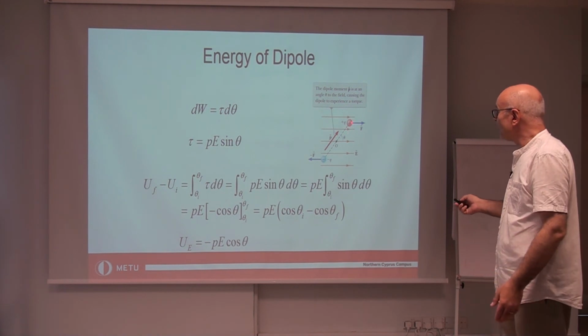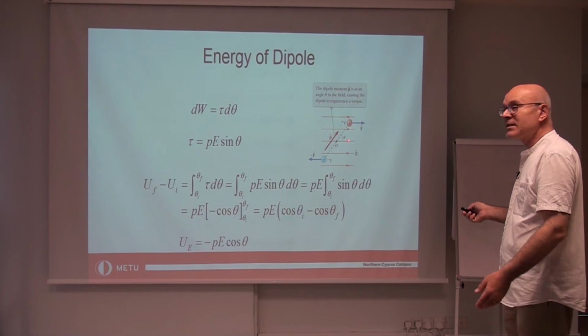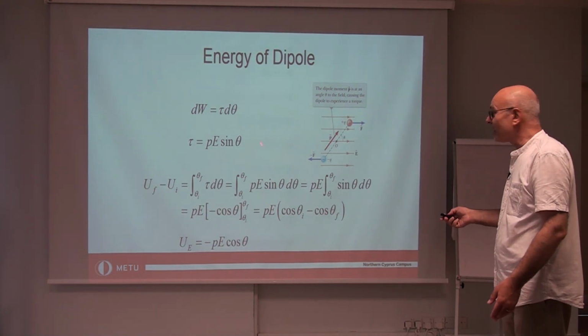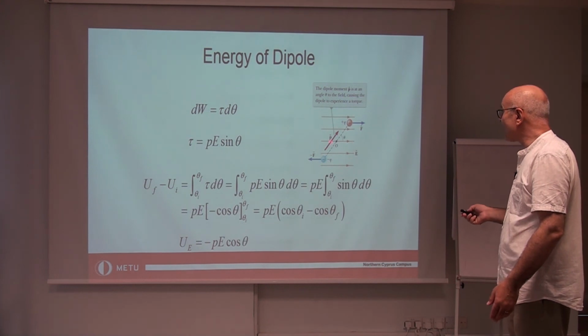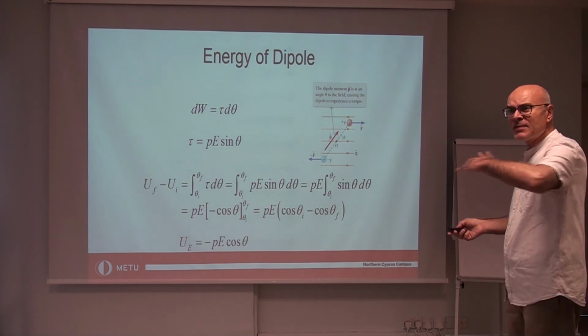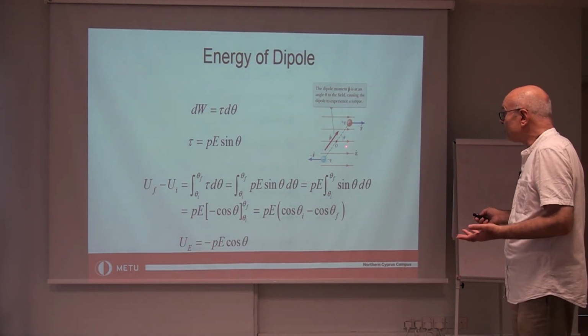So if you release it, as you can see here, the field will exert a torque, and it will start rotating. As it rotates, it will speed up, and it will reach a point where it is aligned along the direction of the field. In this case, its potential energy is minimum, but it still has kinetic energy, so it will continue moving.